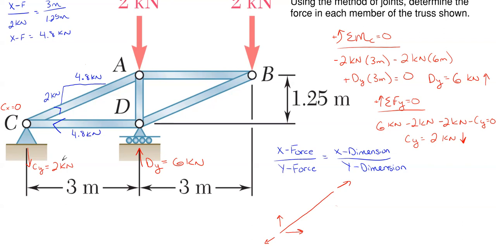Now, before moving on, what you want to do is complete the arrow direction at the opposite end of the member. So CA is up here. We are pulling away from C. So that means it has to be pulling away from A, because pulling away represents tension in the member.